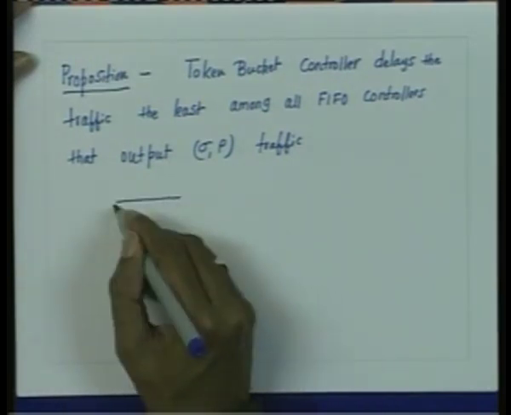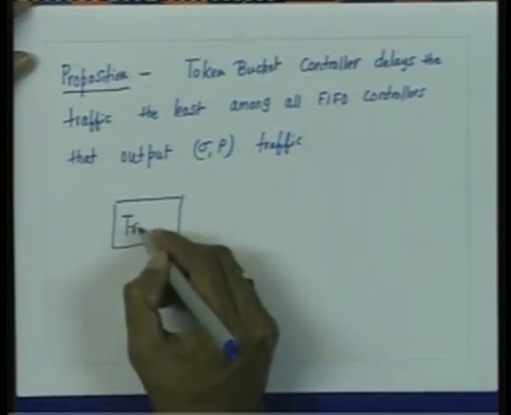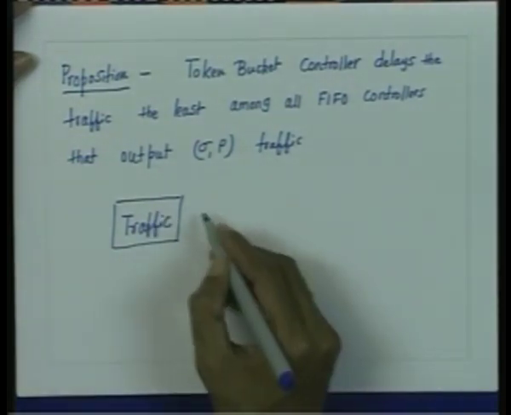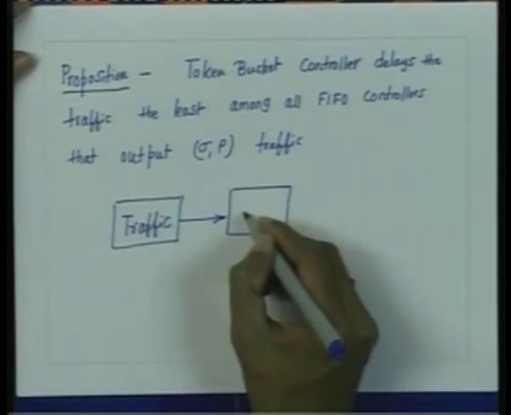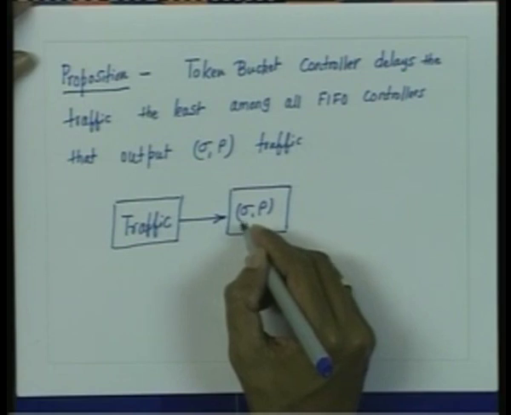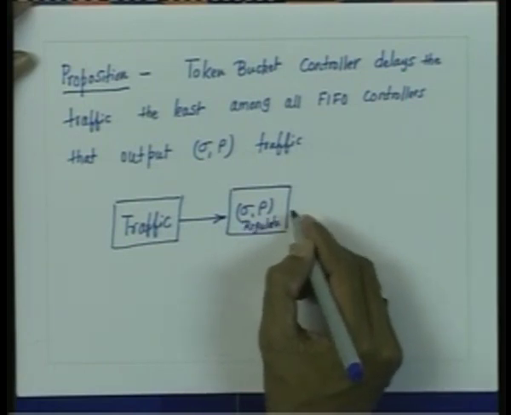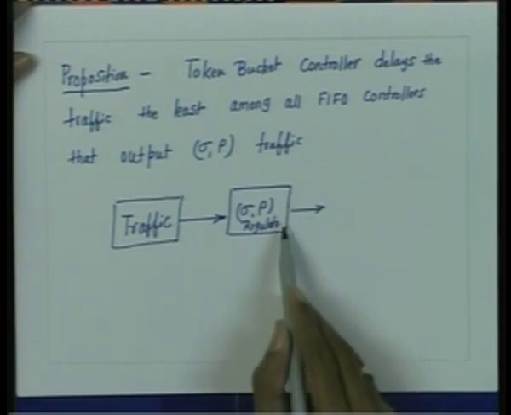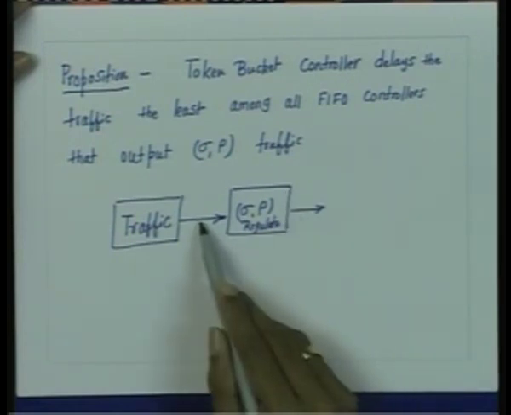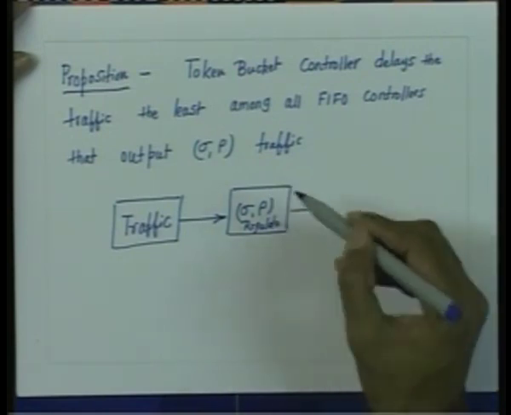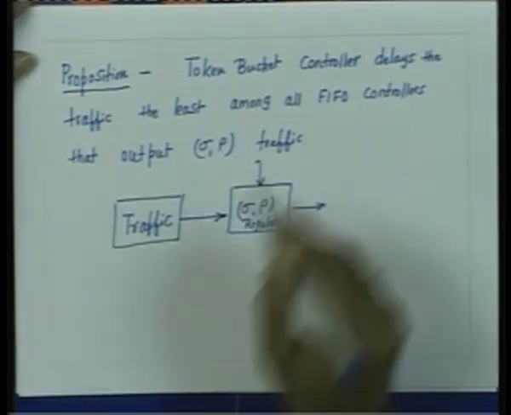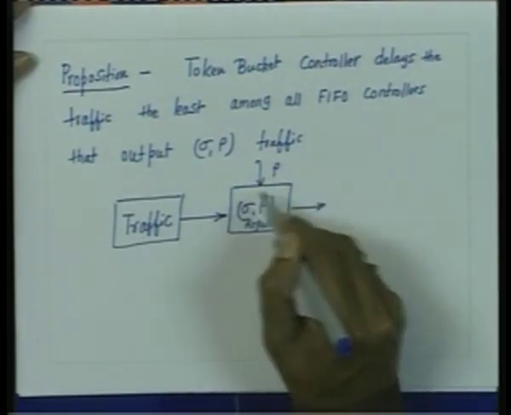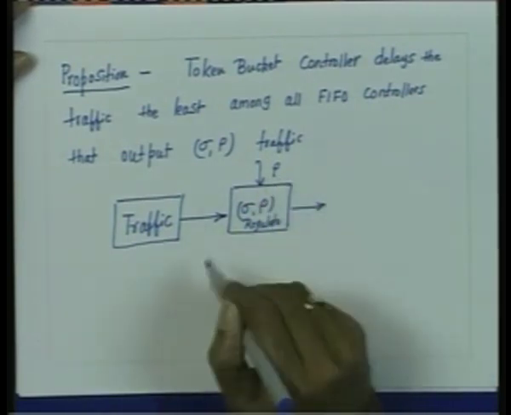The delay actually is that here is a traffic source, right. Now this traffic source, in front of this you have put a sigma rho regulator. Now this sigma rho regulator will output this traffic in such a manner that this output is rho sigma constrained traffic. Now this could be a token bucket regulator. If it is a token bucket regulator, we have tokens generating at a rate of rho, and there is a bucket inside which has a maximum depth of sigma.